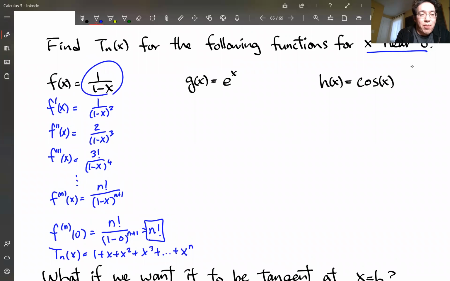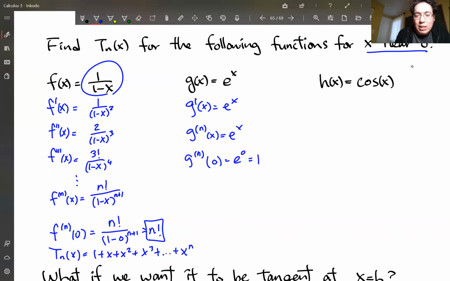Okay, let's try it for the function e to the x. So for this one, all the derivatives are e to the x. So the pattern's simple. And if I plug in x equals 0, the nth derivative, we're always going to get e to the 0, which is equal to 1.